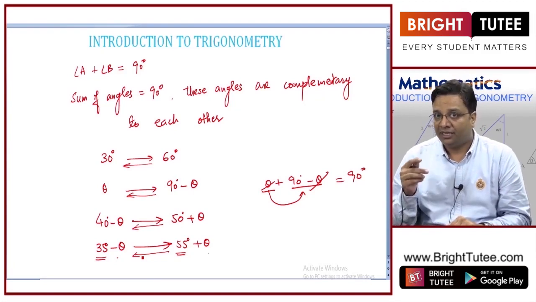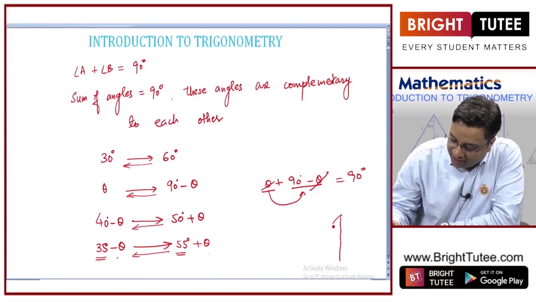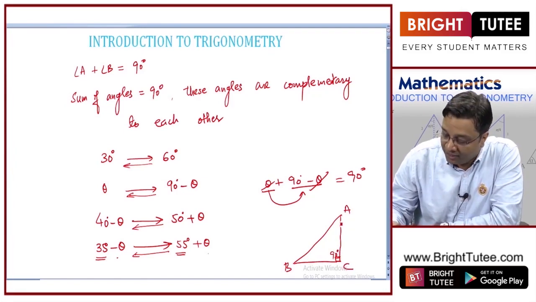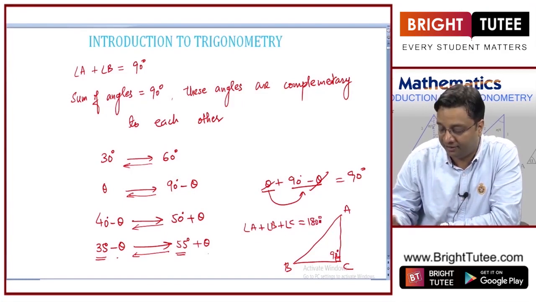And in a right angle triangle you will see, let us say this is a right angle triangle and consider this as the right angle. This angle is 90 degrees, right? And the sum of the angles of a triangle is equal to how much? 180 degrees always, right?